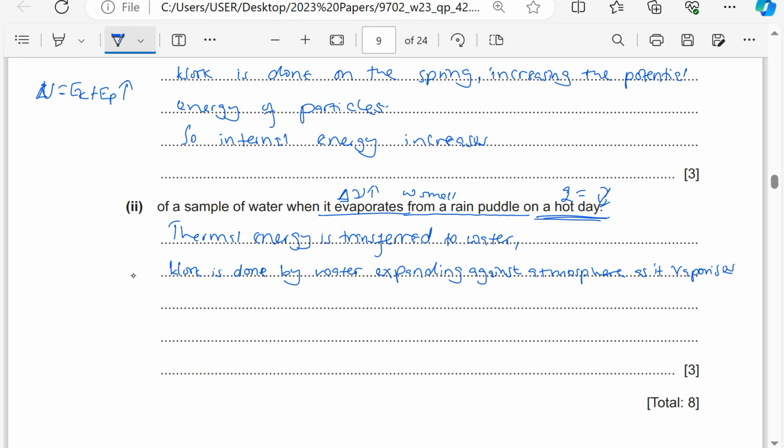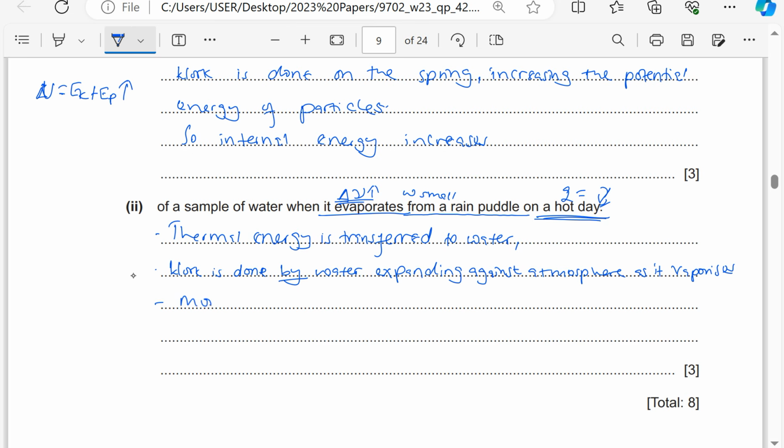Work done by is of course negative, but remember the work done is very small because the change in volume is going to be very small. If it is just evaporating from a rain pool on a hot day, then the evaporation rate is very low. So the work is done by the water expanding against the atmosphere as it vaporizes, but there will be more thermal energy transfer to the water than the work done.